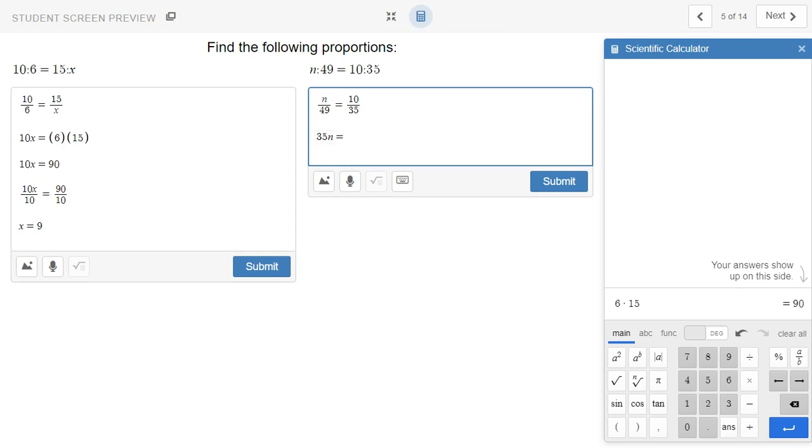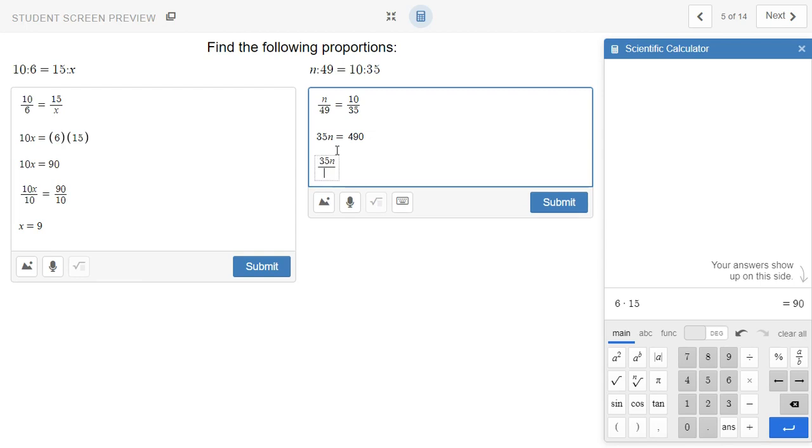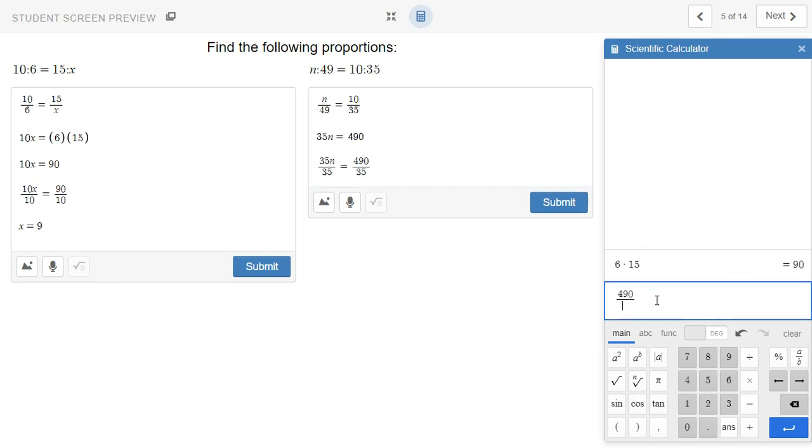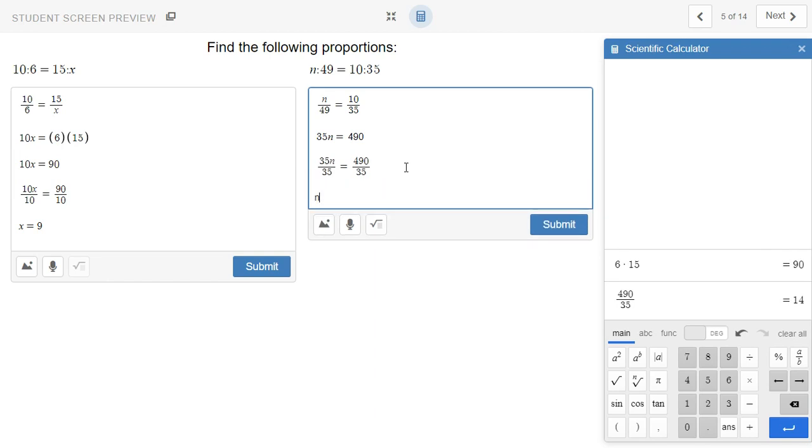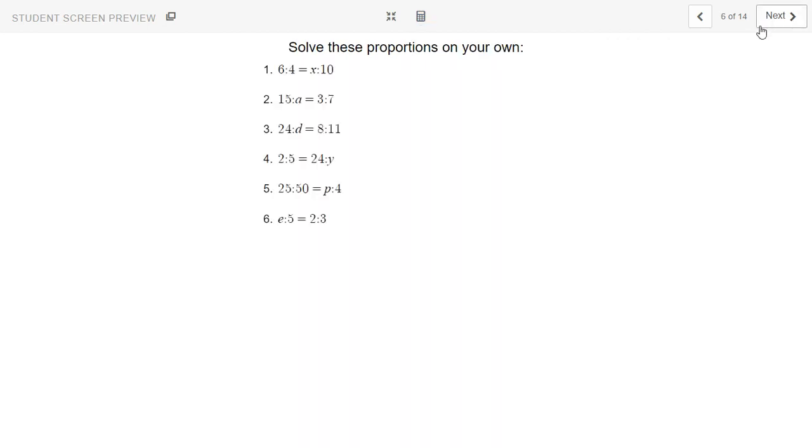The second side of the fraction will become 49 times 10, and we get 490. Now we're going to divide both sides by 35. And we get n is equal to 14. Pause the video now and solve these proportions on your own.